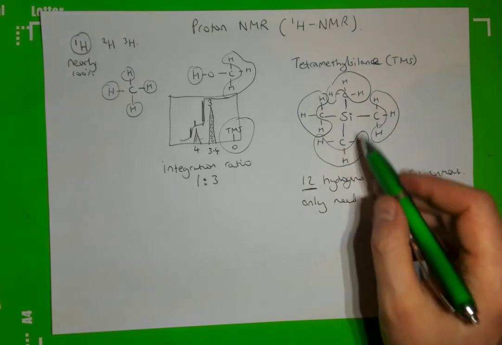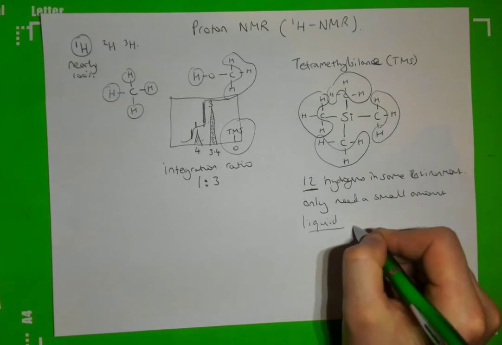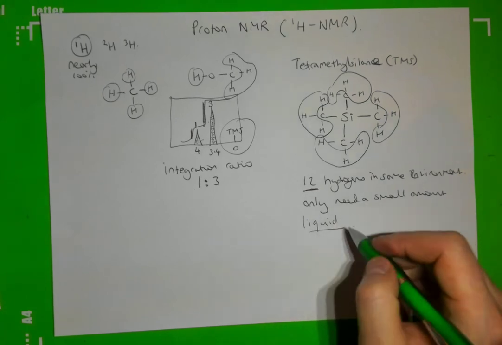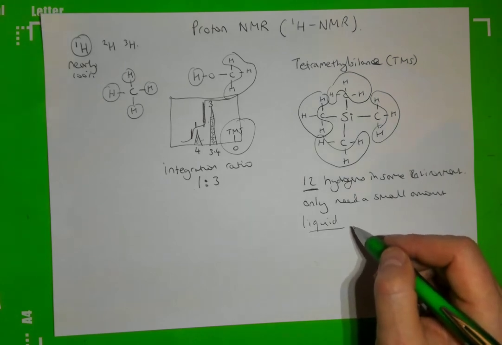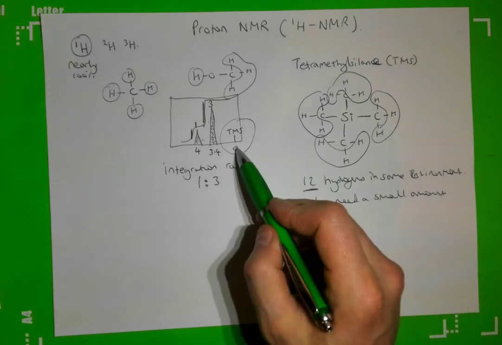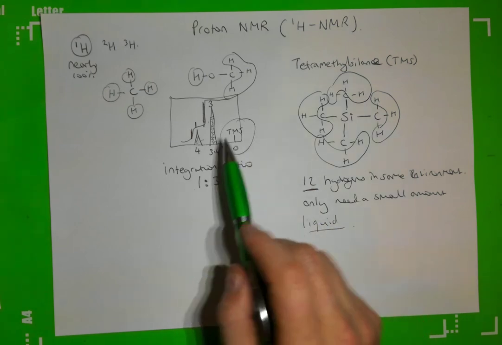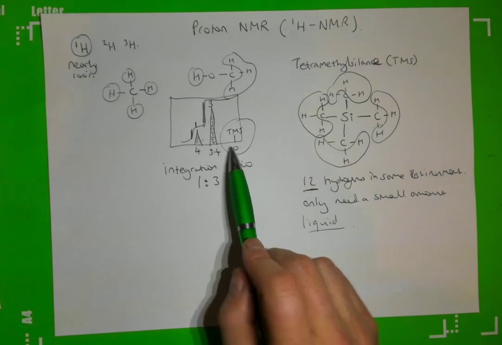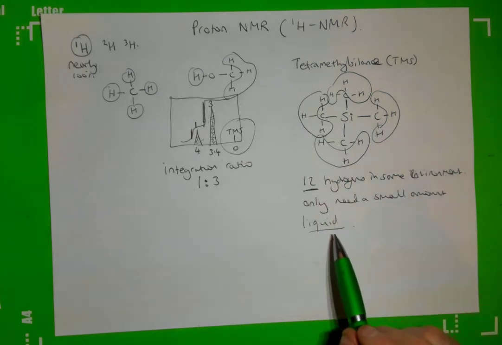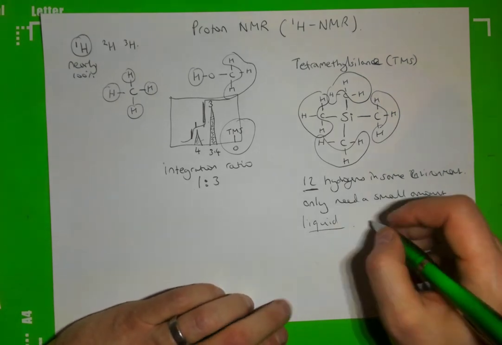This TMS is a liquid at room temperature, which you add to the sample before you run the NMR spectra, and it gives a peak at 0 parts per million. You calibrate the computer which is producing the spectra to 0, and then everything is compared to that. So those are some reasons why you use TMS.